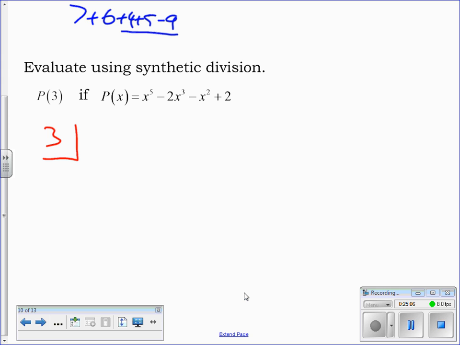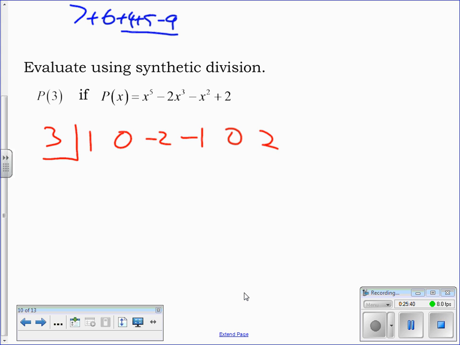I'm not doing actual division, but I'm using the process to do evaluation. The next part's exactly the same. I plug the coefficients in. Now I have 1x to the 5th and 0x to the 4th minus 2x cubed minus 1x plus 0x plus 2. I do have to put my zeros in just like I would otherwise. And now, yes? Are these two not to be opposite? No, they stay exactly the same.